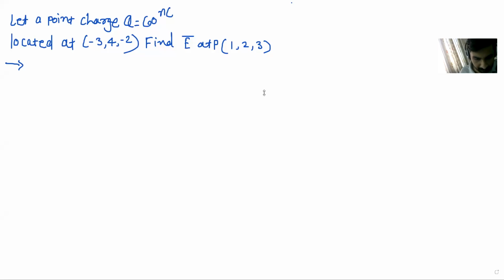Roll number 24. 24 is present. Roll number 29.